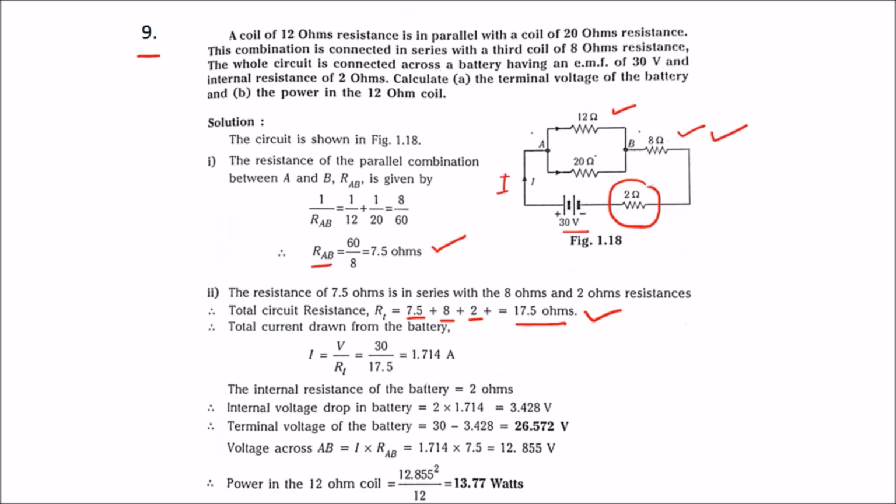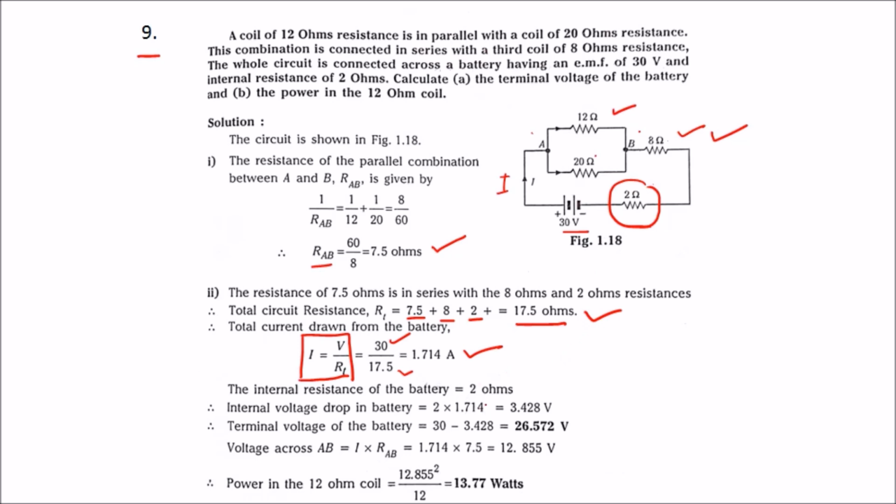So now we can calculate the current. We know the current, voltage and resistance relation, that is I is equal to V by RT, the equivalent resistance. The supply voltage is 30 and the equivalent resistance is 17.5. Therefore the supply current or the circuit current is 1.714 amps. Using this we can find the internal voltage drop of the battery.